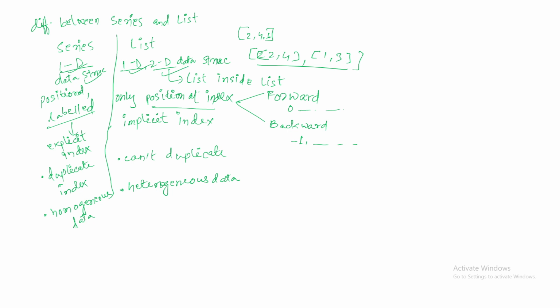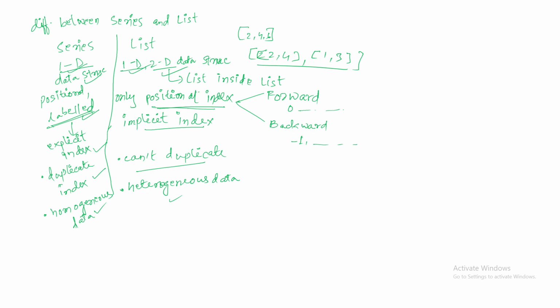List is single as well as double dimensional. Series will accept positional index as well as label index. But list only accepts positional index, that is forward and backward. This type of index is called explicit index, means we can change it anytime. And the positional index that list accepts is called implicit index. In series we can use duplicate index also, but list can't be duplicate. This is homogeneous data and this is heterogeneous data.